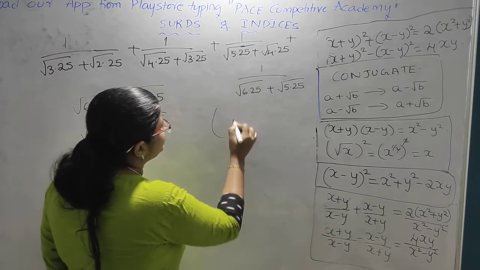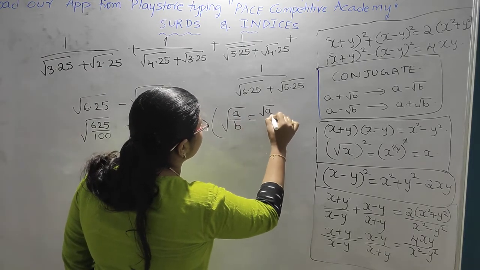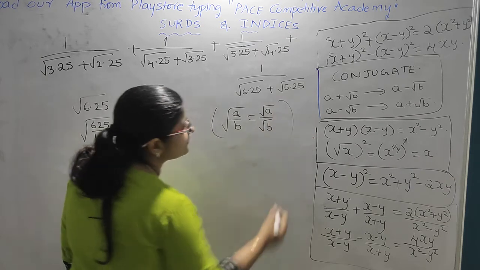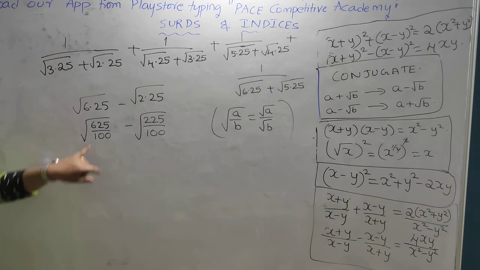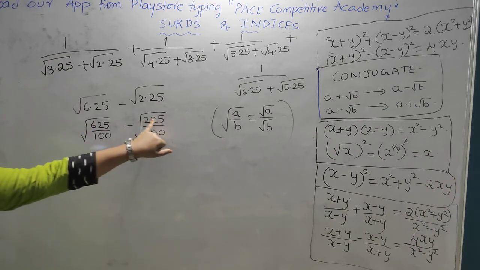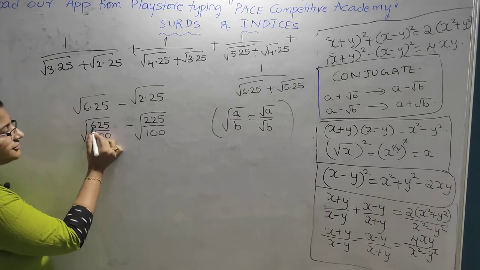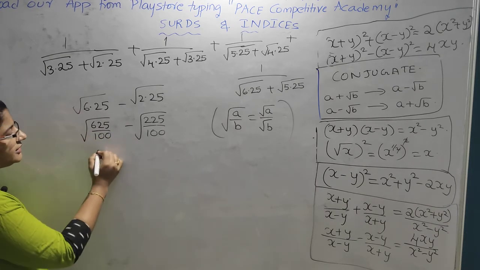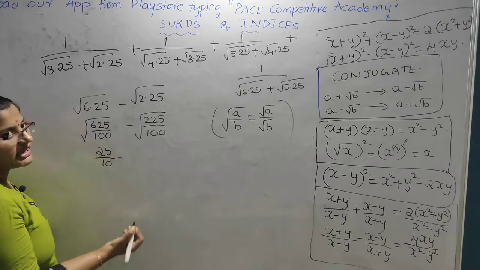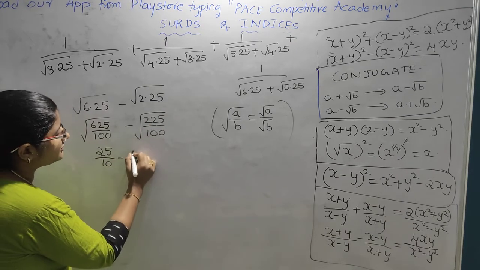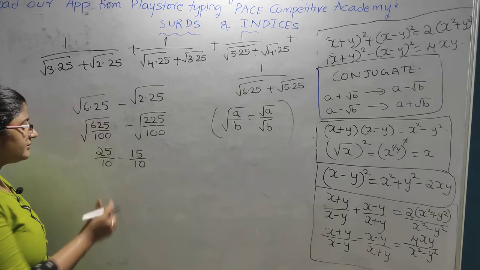We know that square root of a by b is equal to square root of a divided by square root of b. So individually you know the square roots of 625, 100, 225, 100. Square root of 625 is 25 divided by 10, minus square root of 225 is 15 divided by square root of 100, which is 10.